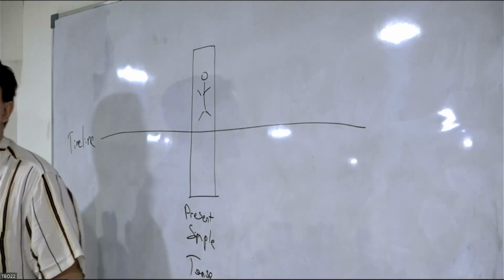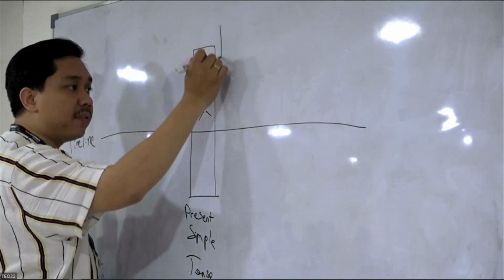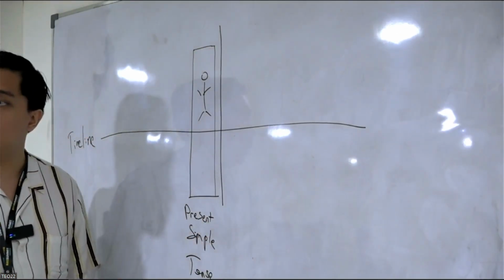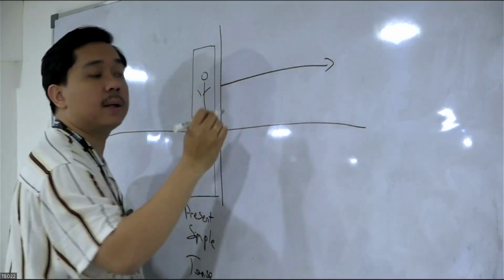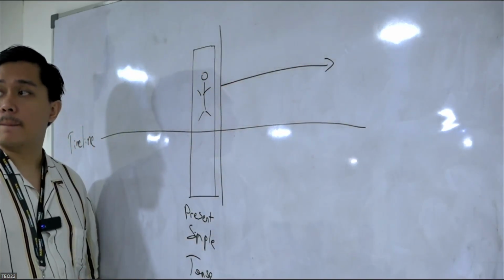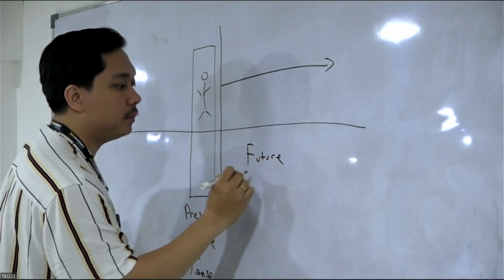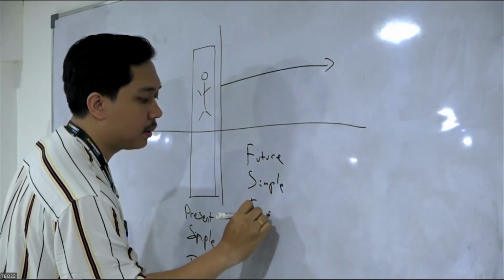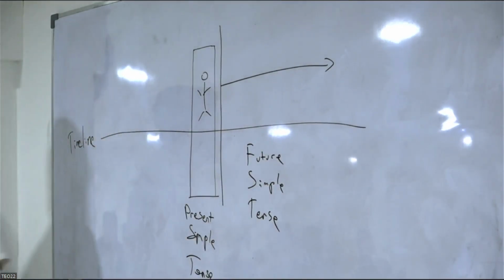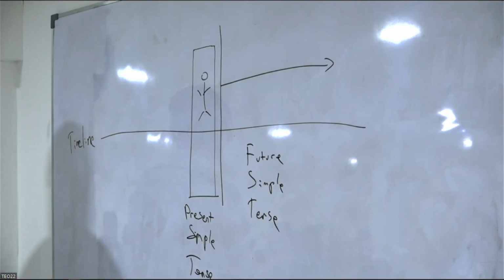Why? Because future tense is the thing that happens right after the present is done. And now the future started. Then you start having future simple tense. Are you guys getting this? This is a simple chart, but we're going to come back to it again, especially starting next week.